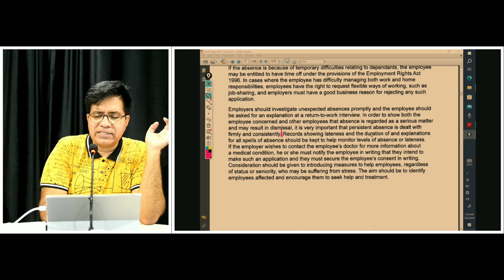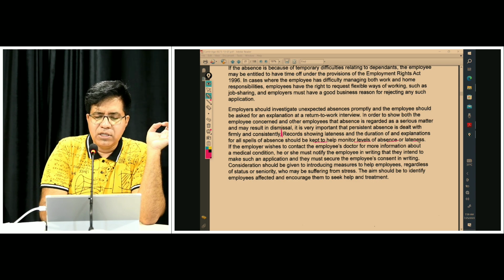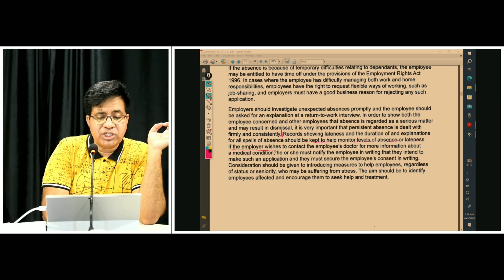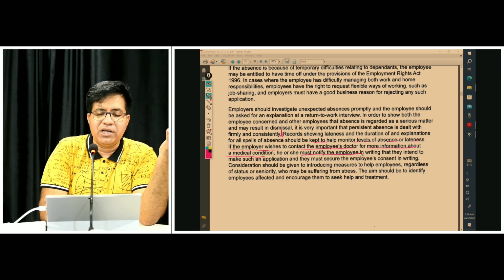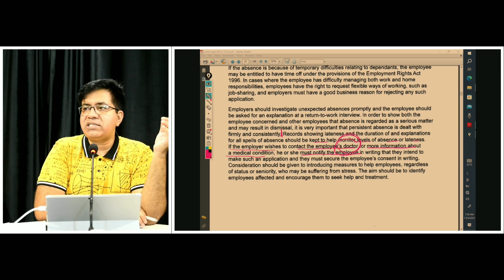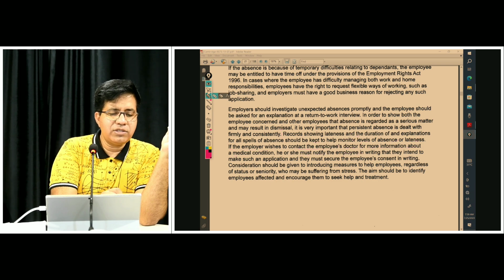Records showing lateness and the duration of and explanations for spells of absence should be kept to help monitor levels of absence or lateness. If the employer wishes to contact the employee's doctor for more information about a medical condition, he or she must notify the employee. Notify the employee means you need employee's permission to contact what? Doctor. To contact employee's doctor. So correct answer is doctor.